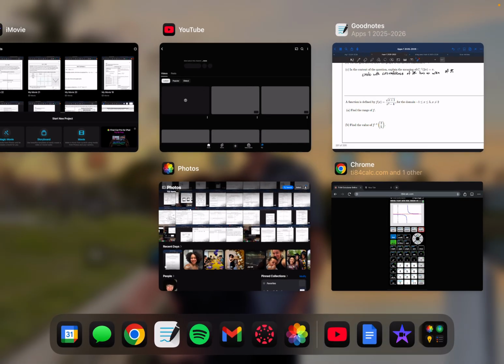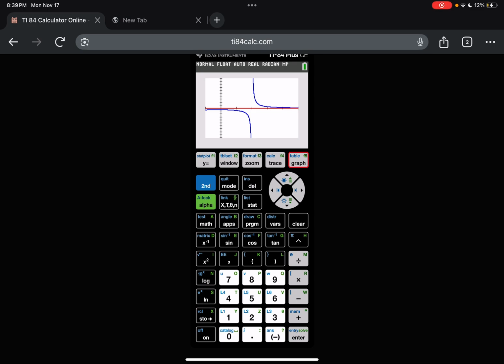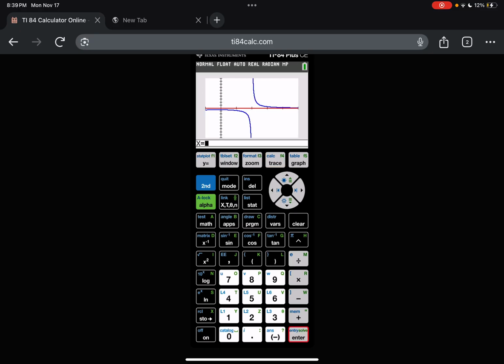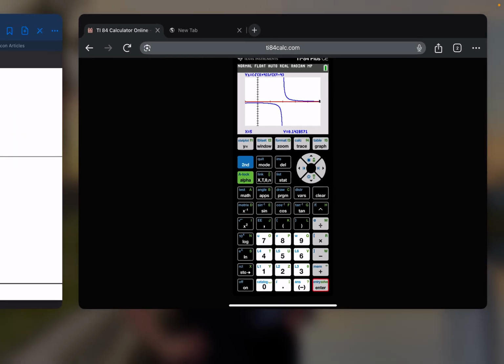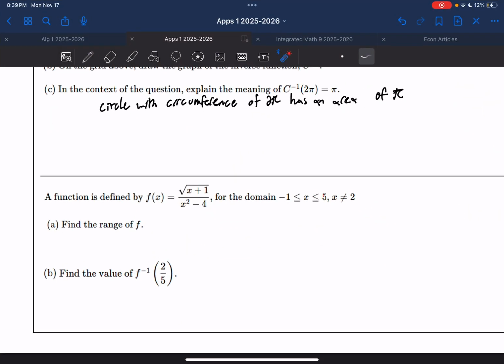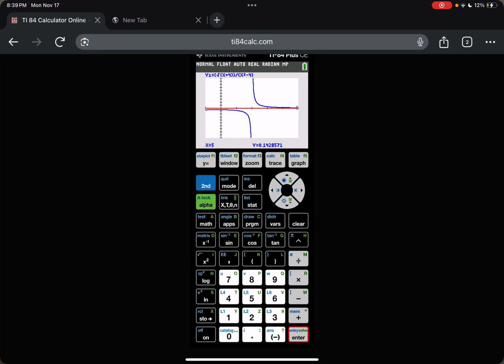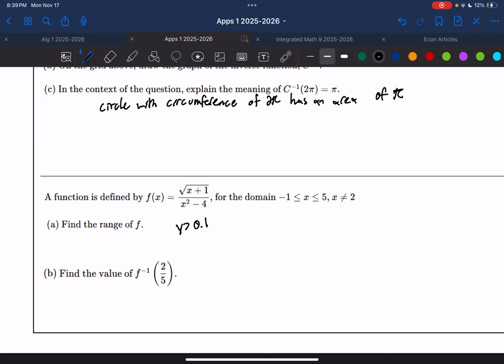Or at least near 2. Right, we actually want to figure out what the values are at those border points. So when x is 5, y is 0.143. So the range of f is y is greater than 0.143.